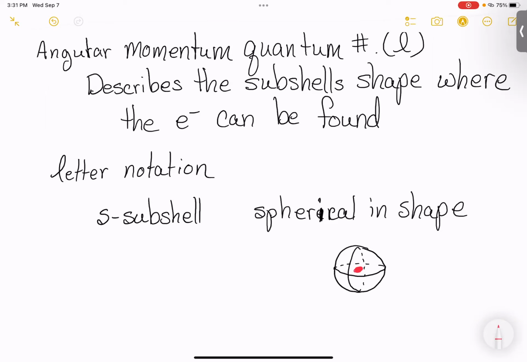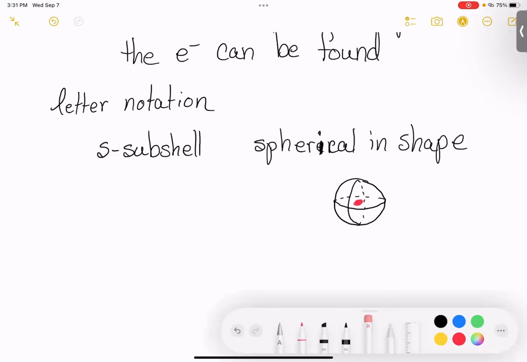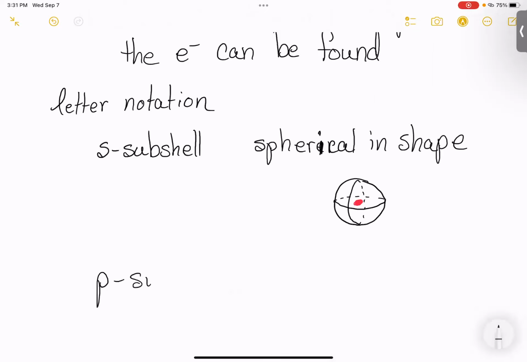The second letter notation is that of the P subshell. And it is dumbbell in shape.